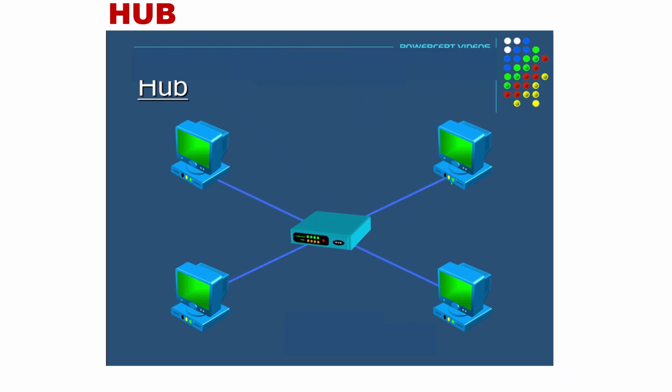Likewise, if PC 2 is sending some data, it will receive the data and forward it to all the other ports. Because it is a non-intelligent device, it does not know where exactly it needs to forward the data. So a hub will always do the broadcast of the data. Whenever we are using a hub, there will be more traffic in the network. So that is the main reason we go for intelligent devices like a switch, where we can transmit the data only to the intended destination.